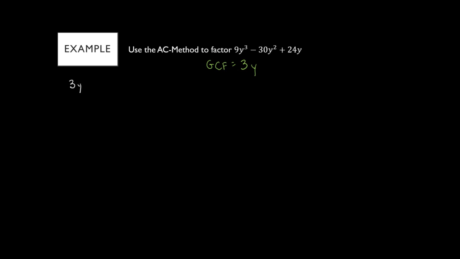So I'm going to factor out 3y. So I have that in front, and then 9y cubed divided by 3y plus -30y squared divided by 3y plus 24y divided by 3y.